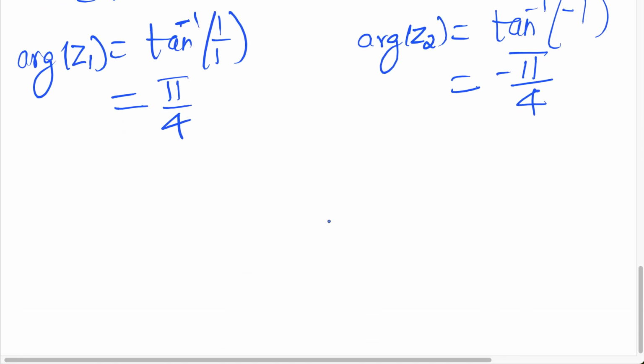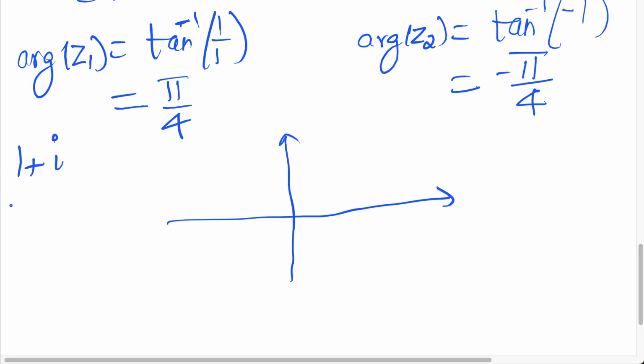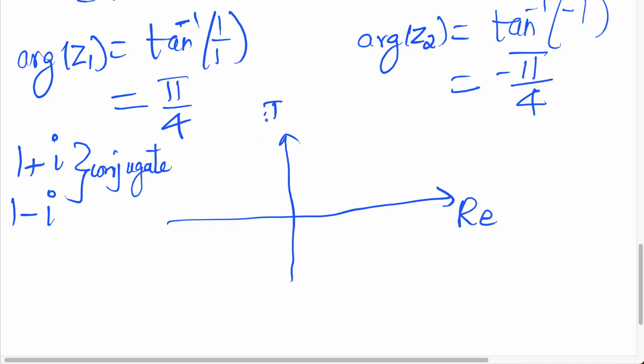Let's plot these points to see what is interesting about this. On one side you may have noticed 1 plus i and 1 minus i are conjugates of each other, right? This is how we define complex conjugate. What happens when conjugates are graphed on the Argand diagram? So this is the real part and this is the imaginary part. Z1 is root 2 units from the origin at pi by 4 angle. This is Z1.